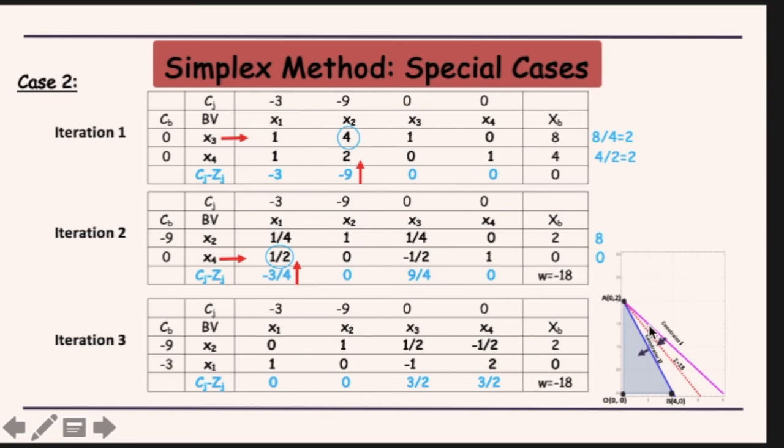The two lines are corresponding to the original set of constraints, and the third line is your y-axis, which corresponds to the non-negativity restriction. So you have three lines determining this single point, which indicates that this point is overdetermined.